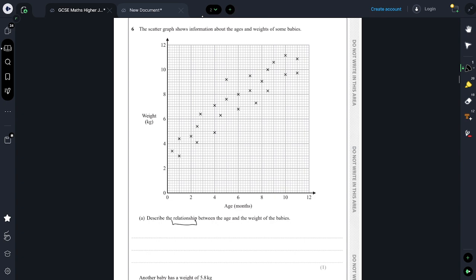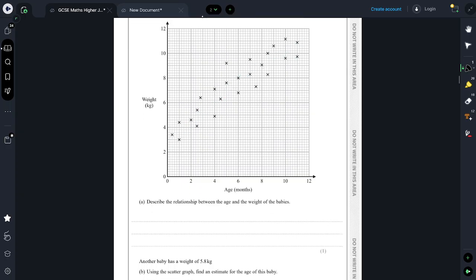Well, look here. If we increase the age as we go across the x-axis, the weight goes up as well. So it looks kind of like this, like a line of best fit. As age goes up, so does the weight. What that means is it's a positive correlation.